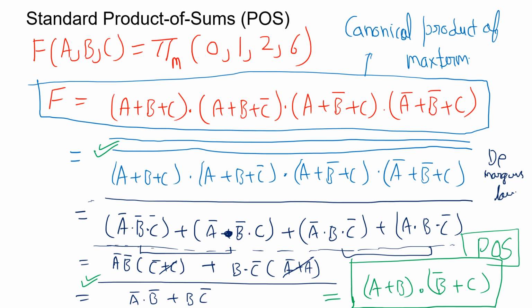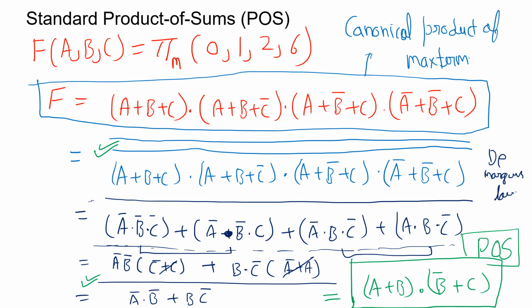So I hope now everyone is clear about what is canonical product of maxterm and standard product of sum. Similarly, canonical sum of minterms and standard sum of product. These are four different terminologies to represent the circuit.